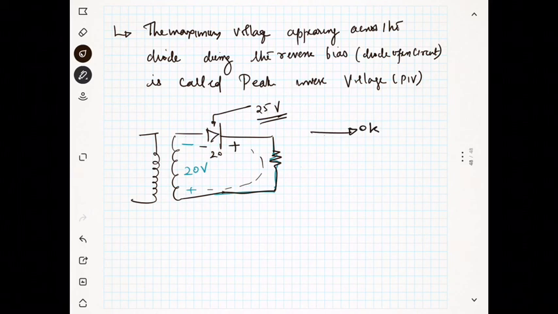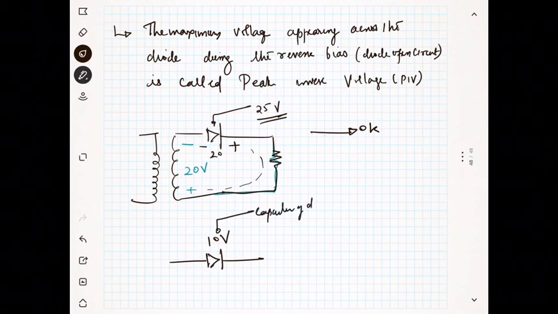it will work. But if you buy a diode which can block only 10 volt, and this is the capacity or ability of the diode to block, but you are applying 20 volt in this direction, and your diode can block only up to 10 volt, what will happen?